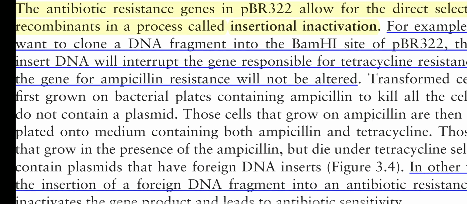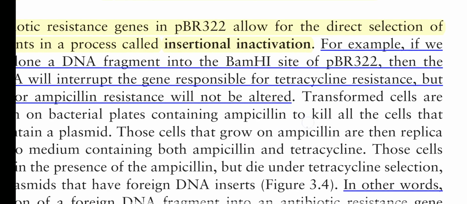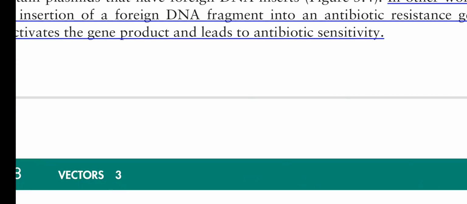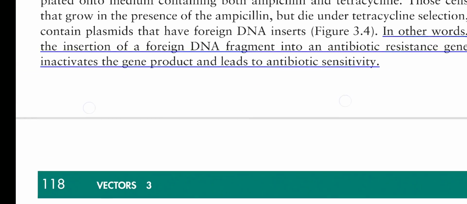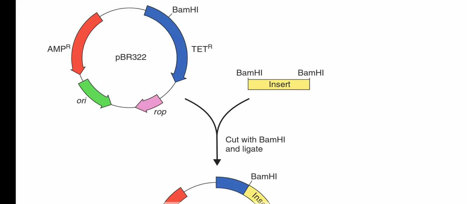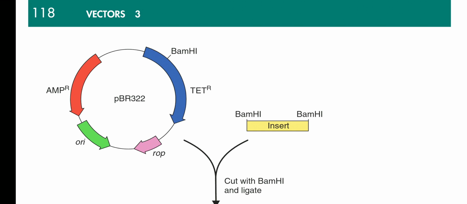And then let me see anything else. In other words, the insertion of foreign DNA fragments into an antibiotic resistance gene. No, that's not so important. Okay, here is the important thing. We want our desired gene to get inside the plasmid, the vector, which will be multiplied inside the host.